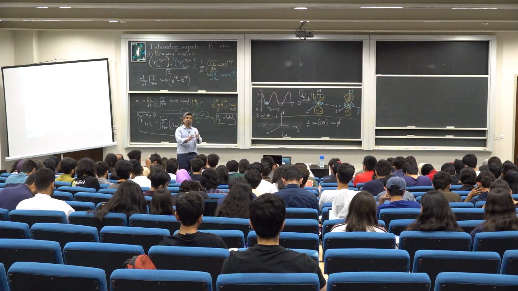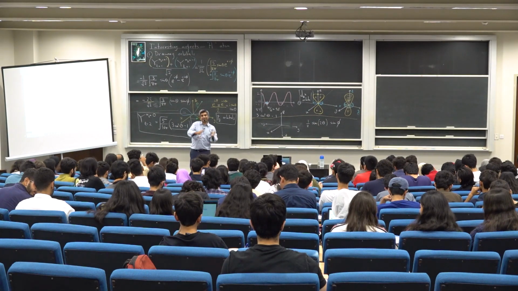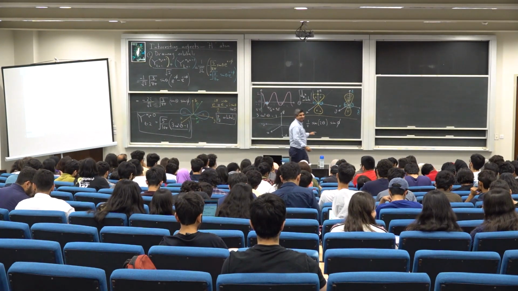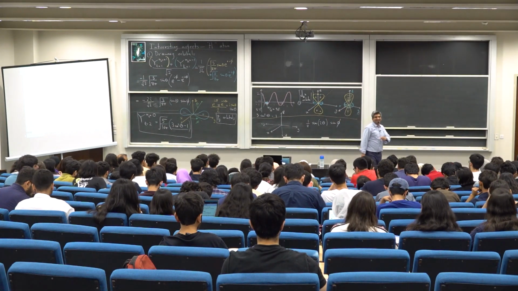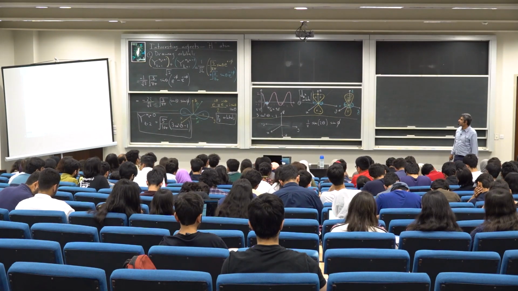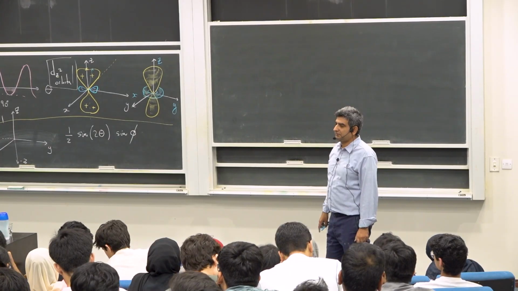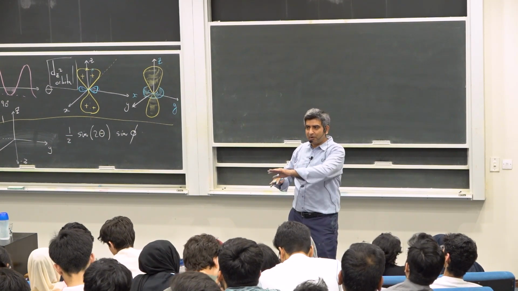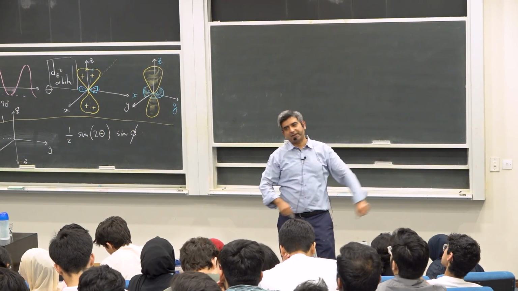First of all, we're plotting another d orbital, another kind of d orbital. Come on, now you should try, you should do this. Theta is the angle from the z-axis and phi is the angle on the equatorial plane from the x-axis.